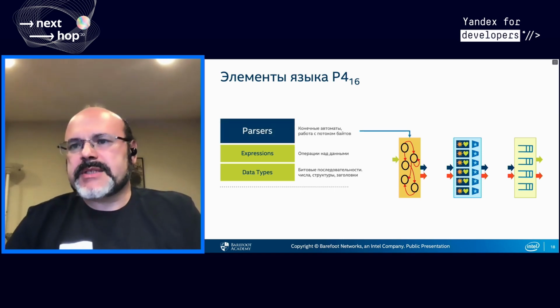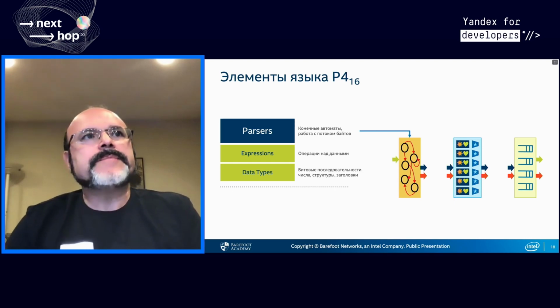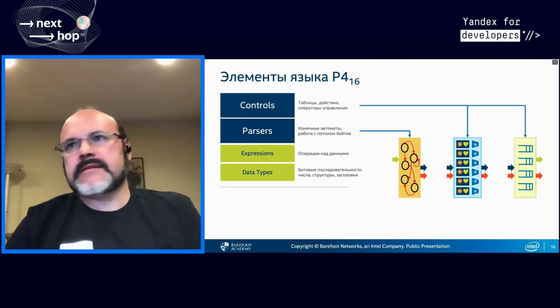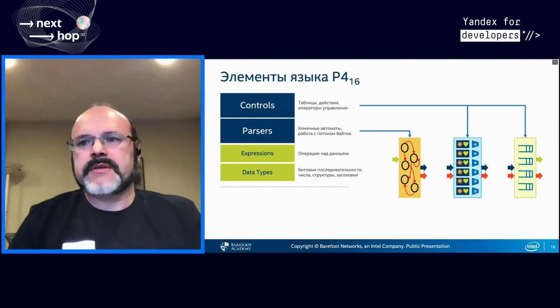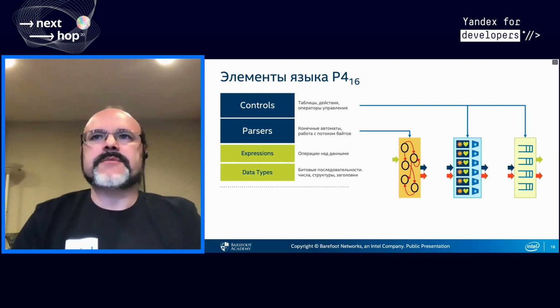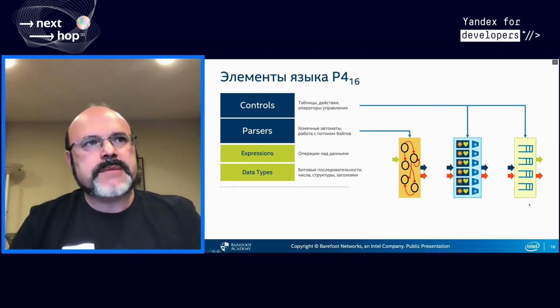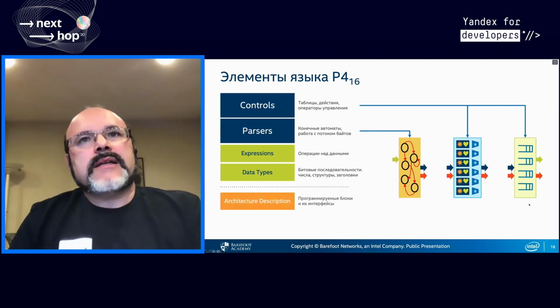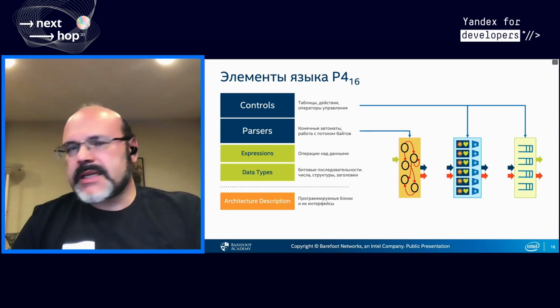And of course, there are expressions, there are parsers, and there are standard controlling structures, such as the if operator, the switch operator. We don't have a cycle operator, but those controls are used to run those parsers and deparsers and other elements.